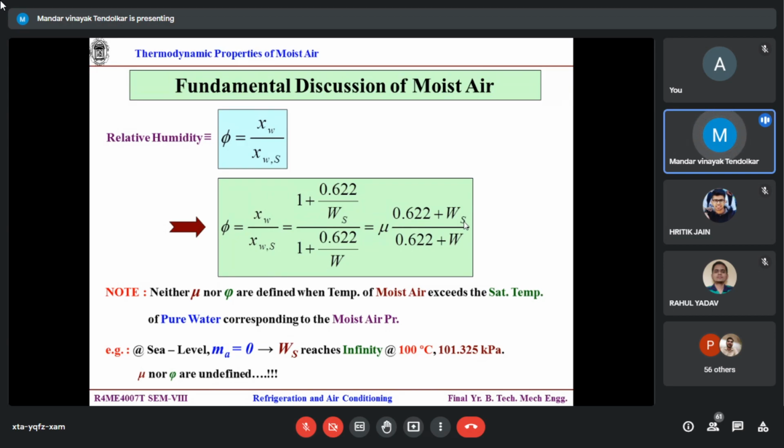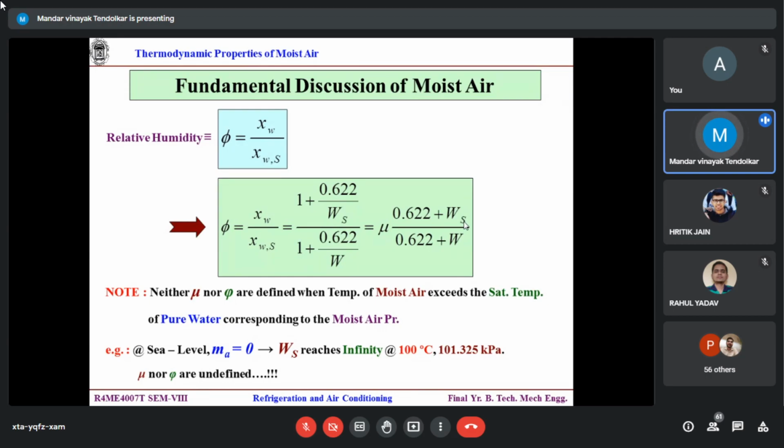So on the top it is vapor part, at the bottom it is liquid part. We consider no air. So at sea level, or rather I should say sea water surface level, we cannot define mu and phi, because it's a dynamic equilibrium between the liquid and the vapor phase continuously going on.